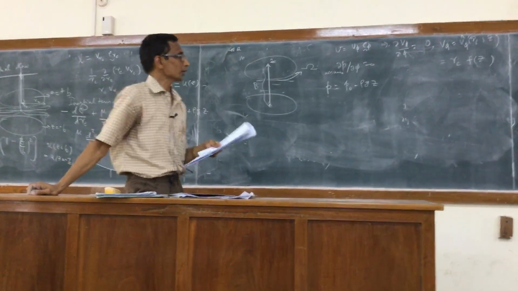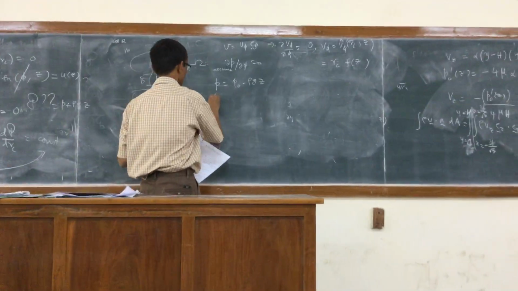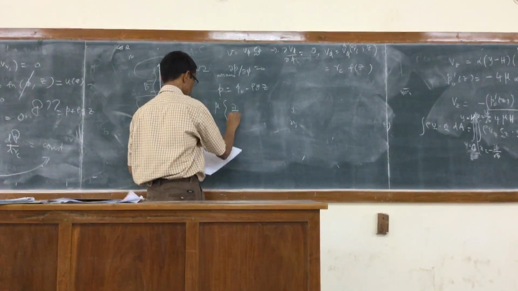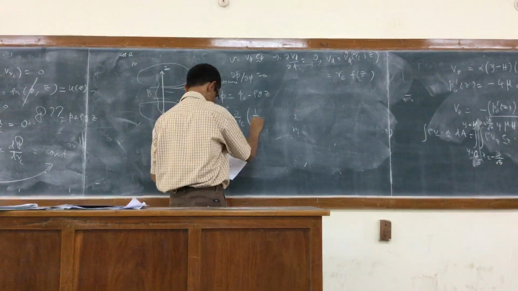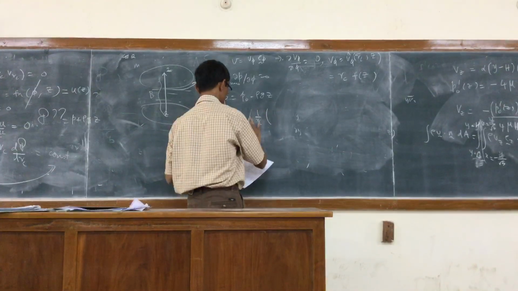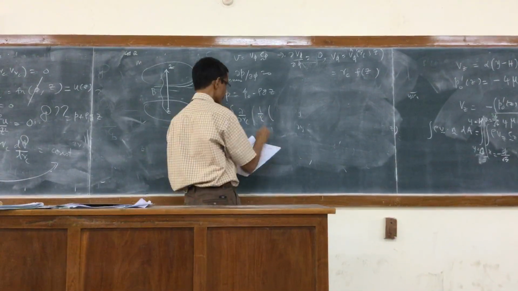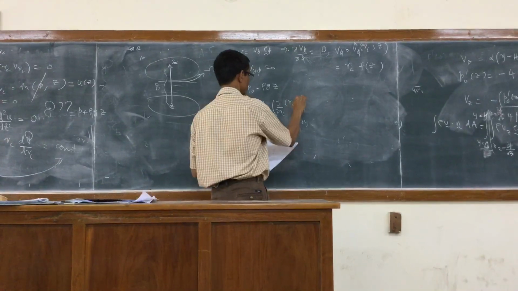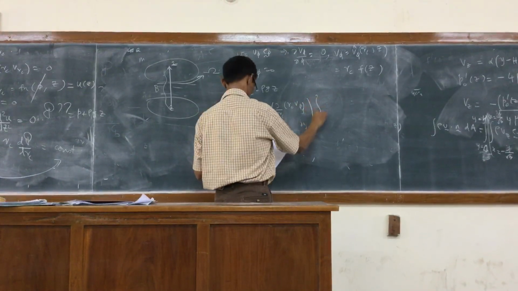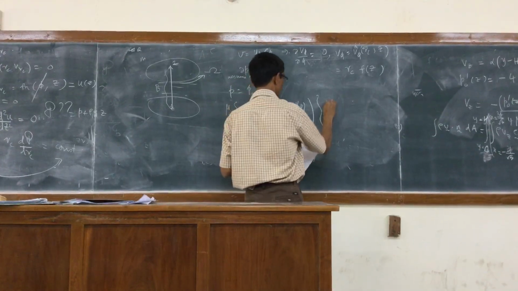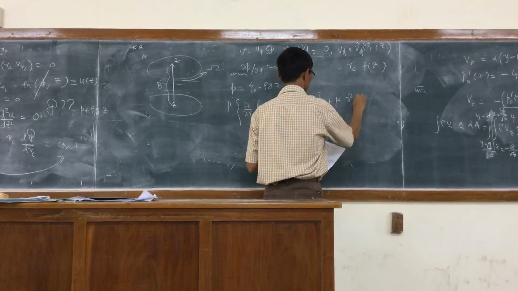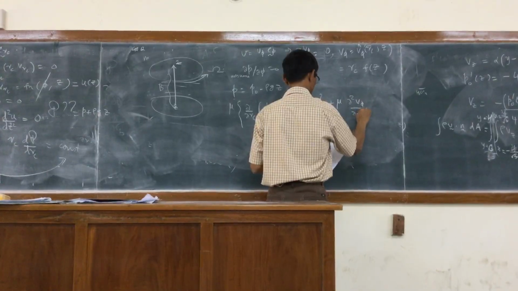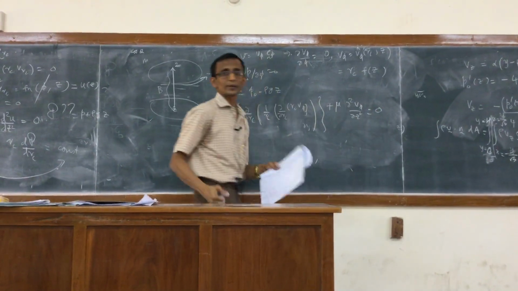And the important equation would be mu times d by d r, 1 over r times d by d r of r v_phi, plus d squared v_phi by d z squared, equal to 0. That is the equation.